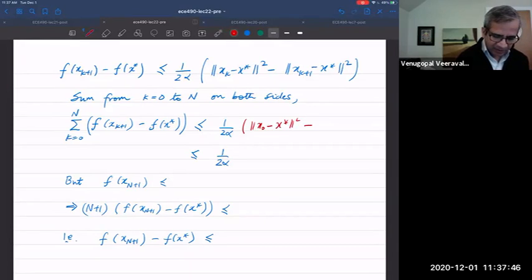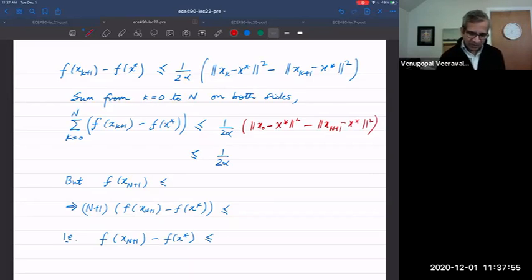Then you're left with only the first term and the last term. Of course this last term doesn't matter because it's negative, so I can upper bound it just using the first term.